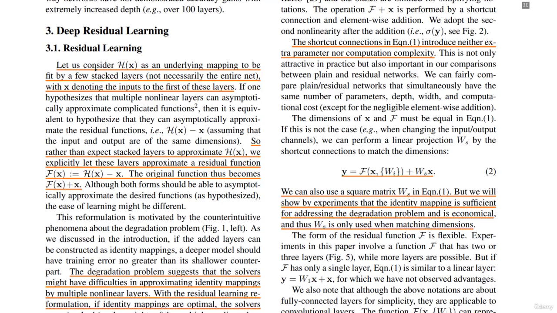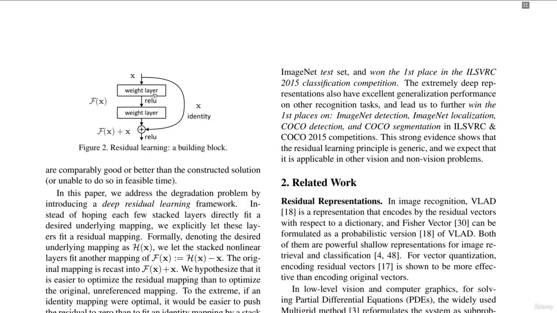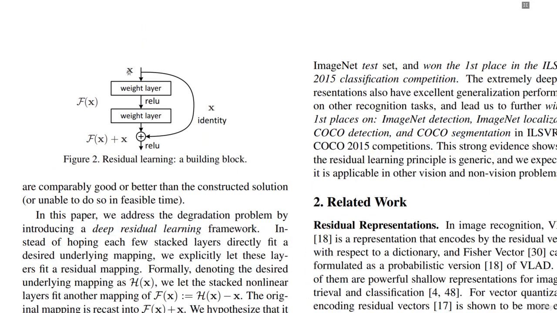So let's consider h of x as an underlying mapping to be fit by a few stacked layers, not necessarily the entire net, with x denoting the inputs to the first of these layers. So from here we could have this x, which is the input, and then we have layers which have been stacked after this x input. So this first layer, the second layer, we could have many more layers. But what's to be noted here is there is a connection from this input to the output, giving us f of x plus x.